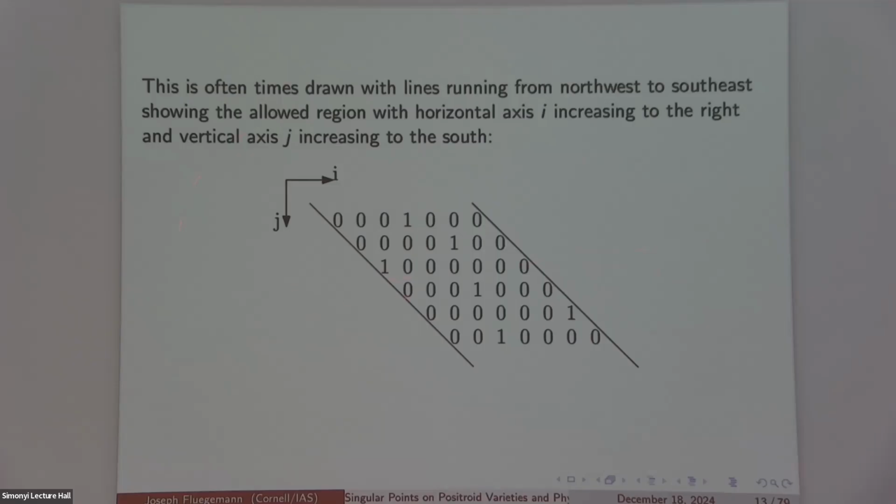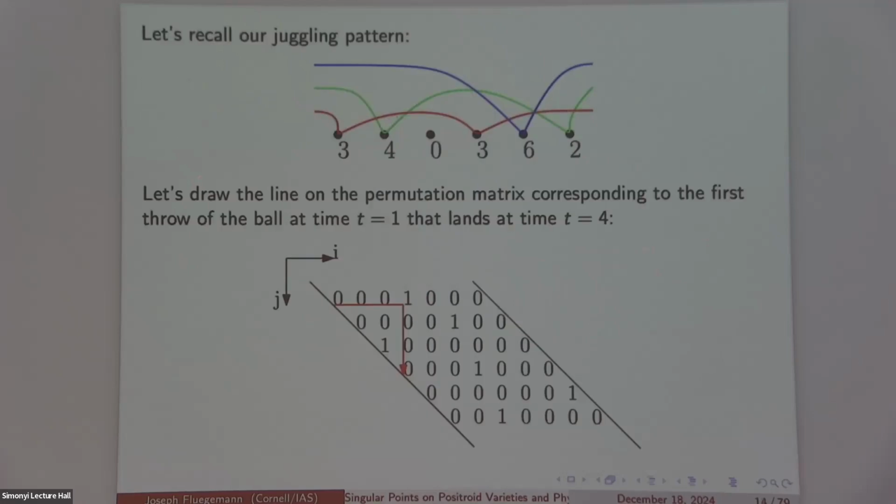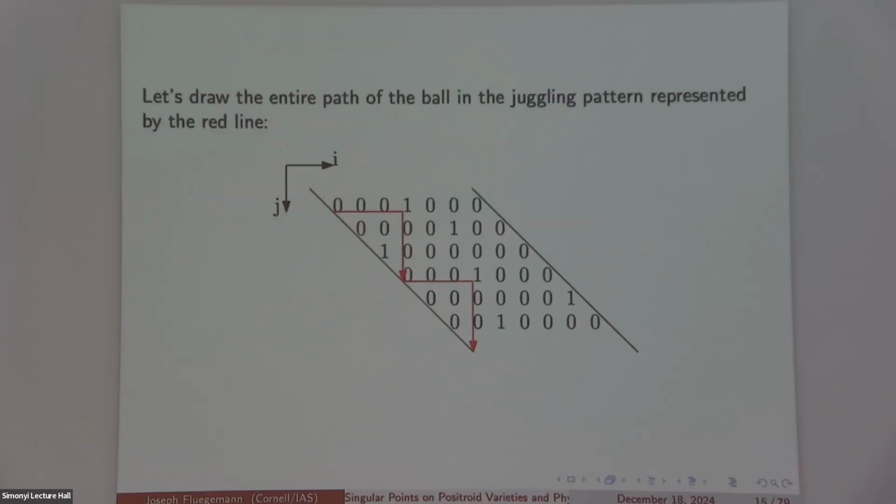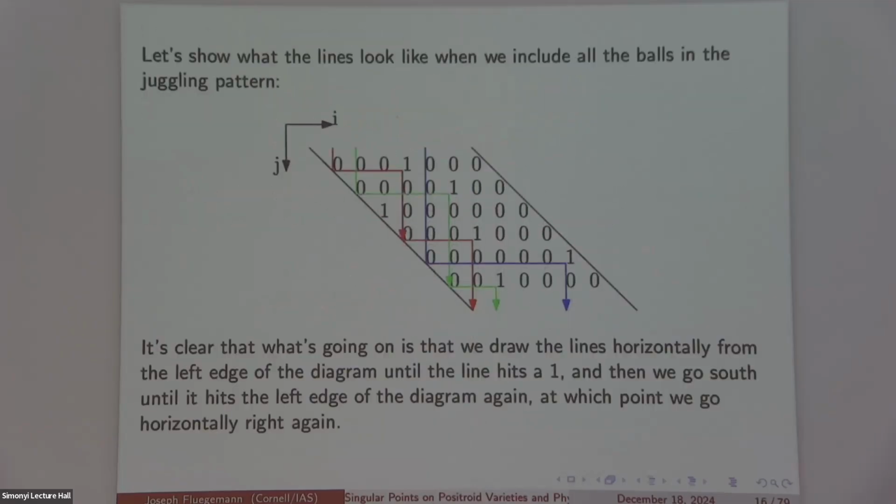I don't want to say too much about this, other than the fact that you can take the juggling pattern and, if you draw lines to the right until you hit one of the ones and then move down, you can sort of draw the juggling pattern on one of these diagrams.